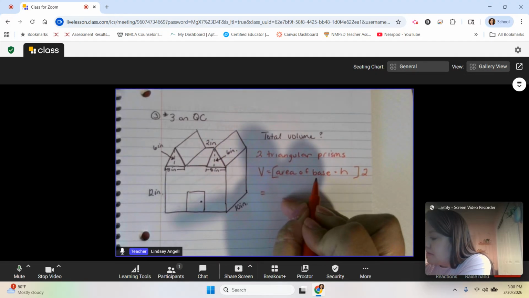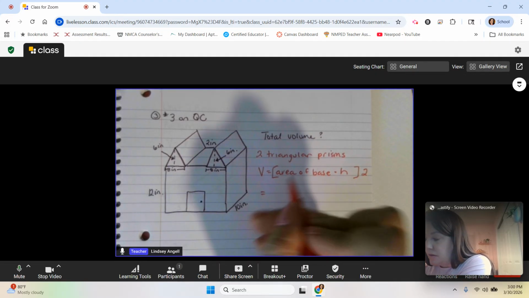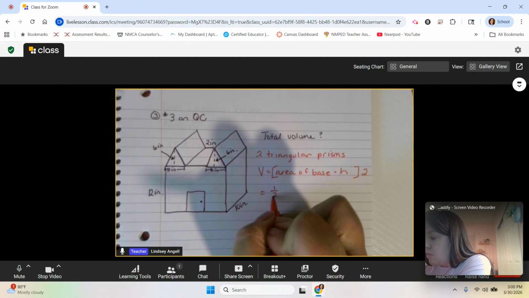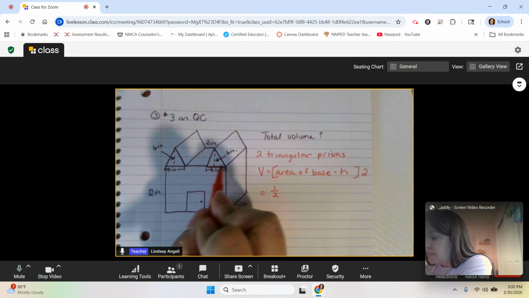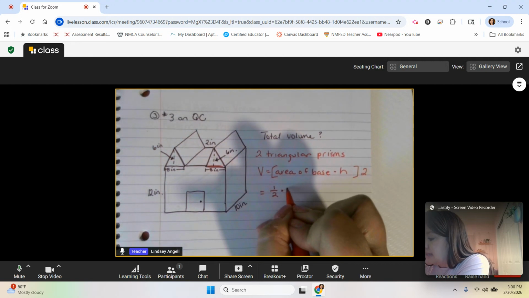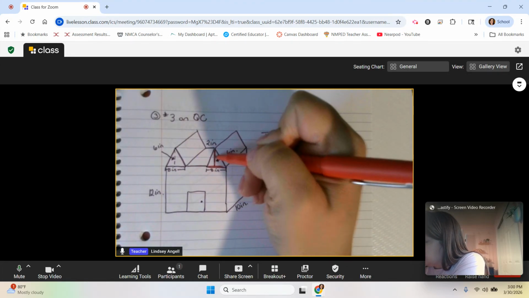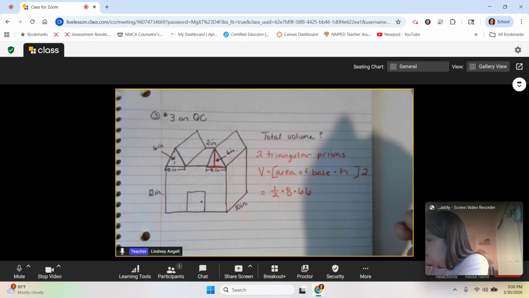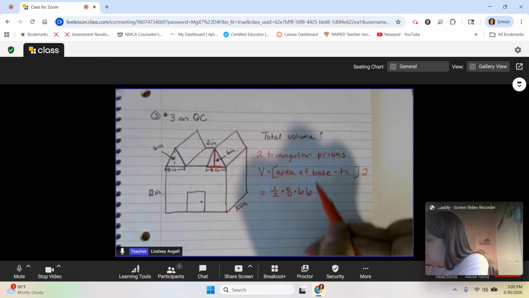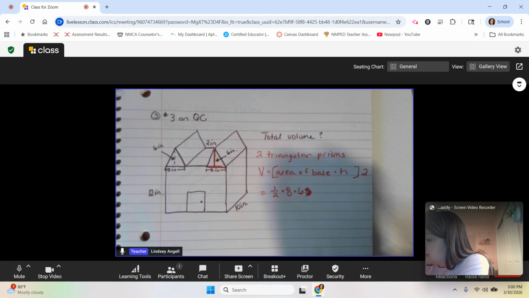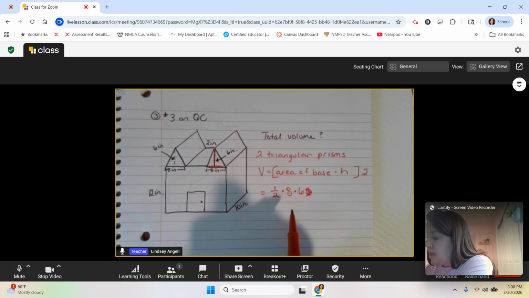The area of the base, so the area of a triangle is found by doing 1/2 times the base, which in this case is 8, times the height, which is 6. Okay. The height is 6.